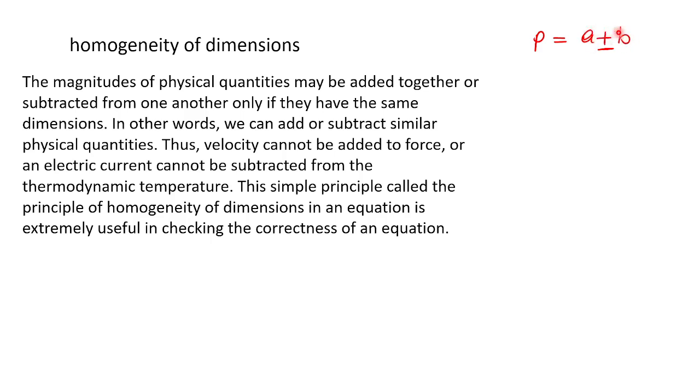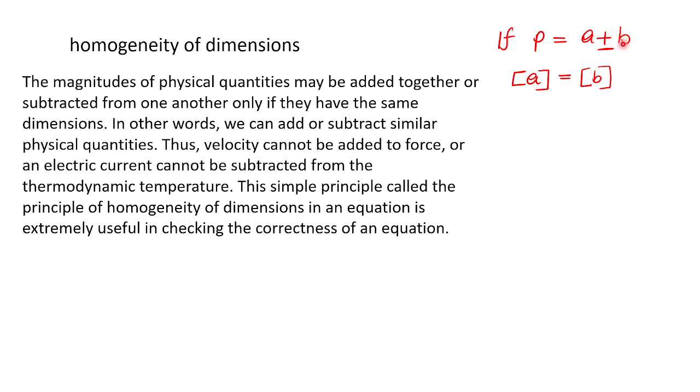I will give you an example. Don't worry. I have a formula that P equal to A plus B or A minus B. What I can say is that the dimensions of A must be equal to dimensions of B. The physical quantities having same dimensions can be added or subtracted.